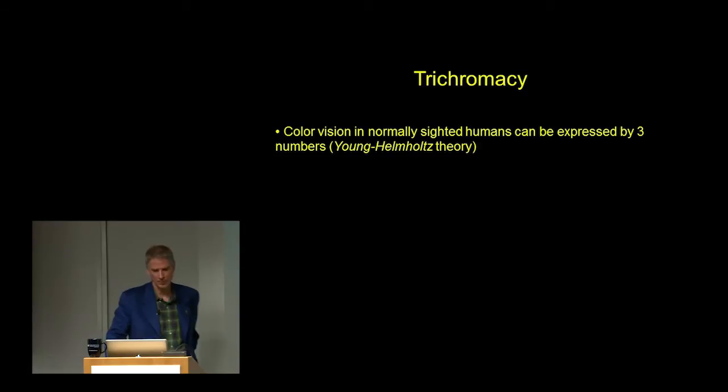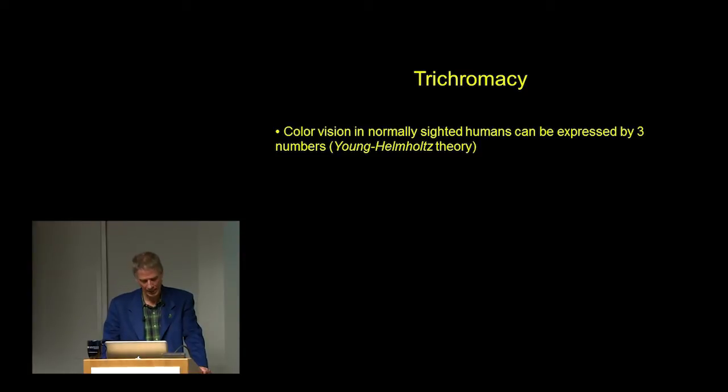All right, let's talk about trichromacy. So this is also known as the Young-Helmholtz theory. Most normally sighted humans, color vision can be expressed by three numbers. And today, that seems obvious to us because we know that there are three different photoreceptors that we use during cone-dominated daylight vision.